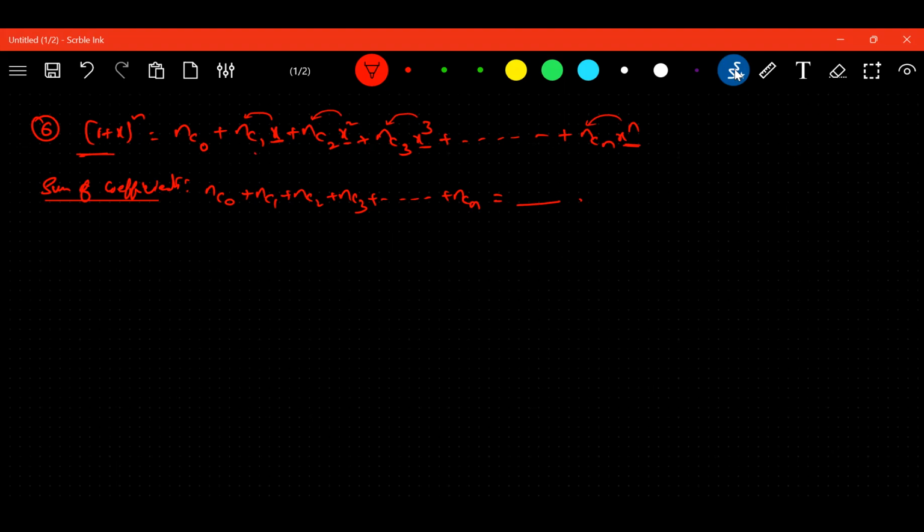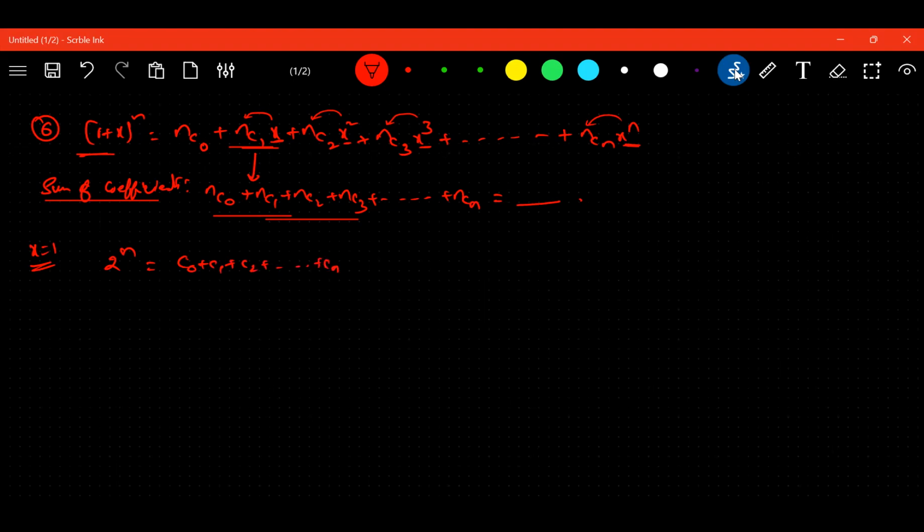That is the reason. I want this from this, which means I need to vanish x. What value do I need to keep for x? The value 1. That is the reason why we substitute x as 1, and we say that 2 power n is equal to C0 plus C1 plus C2 and so on, Cn.